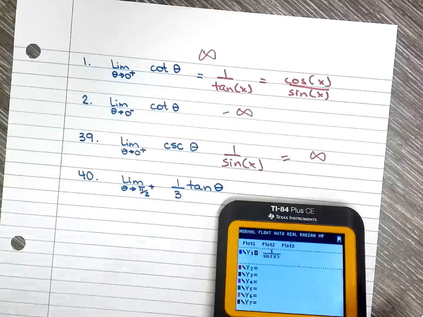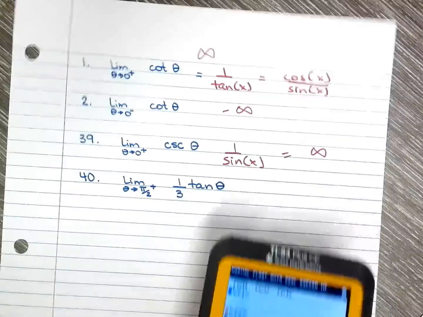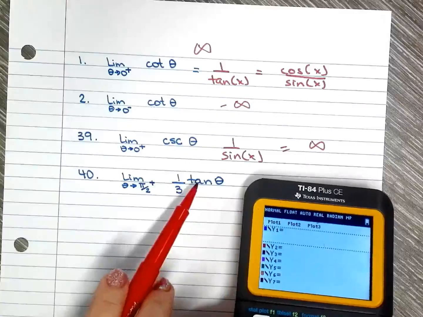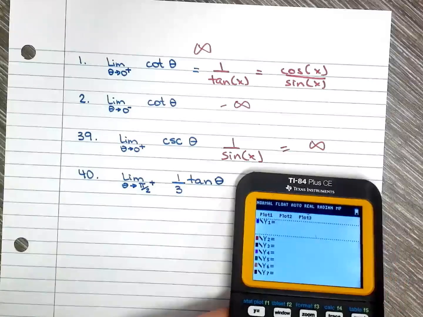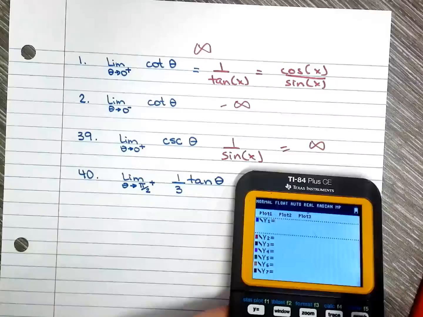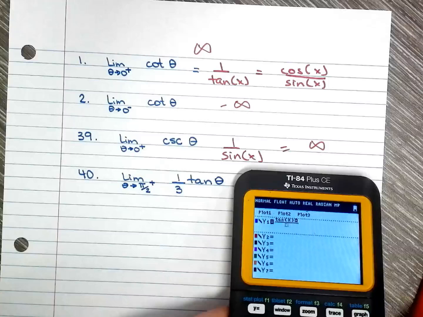Now the last one, it can get a little tricky, but it's still doable. So I'm going to do it 2 different ways. I can just go straight tangent of x over 3.